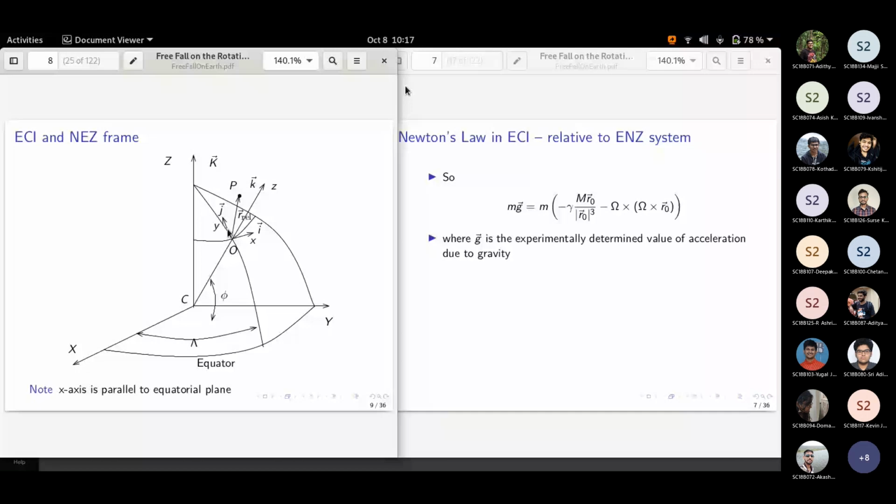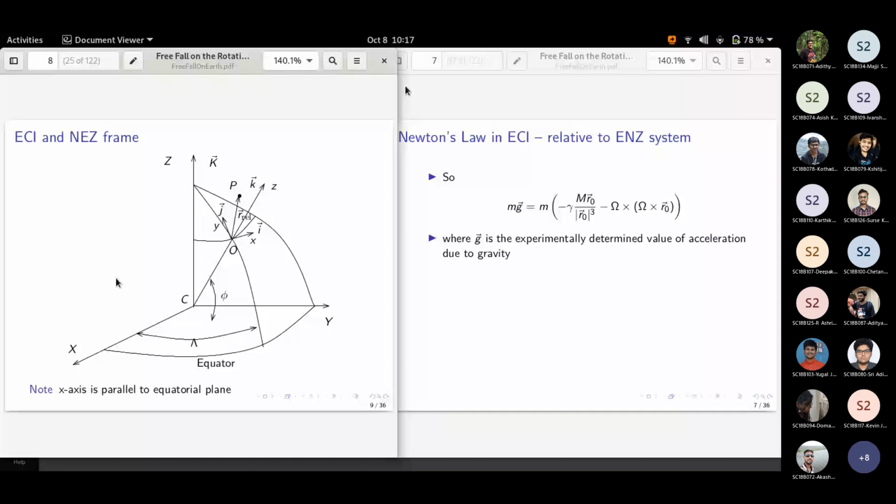The R0 vector is from the center to the origin. Then RL is from the origin of the horizon coordinate system to that particular particle. Then you have east, north, and zenith axes. The lambda and phi are the latitude and longitude of the observer, not the particle.